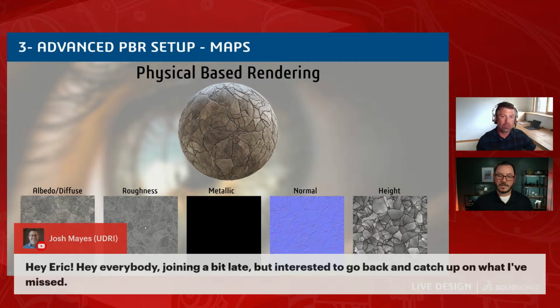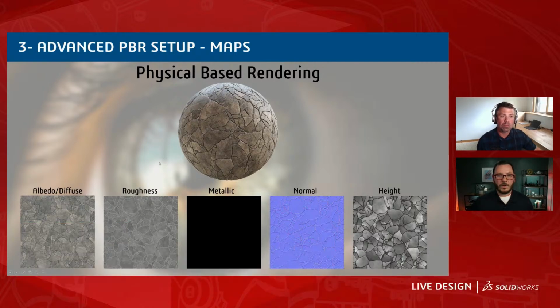But now look at this. We've got roughness in the form of a map. So we can fine tune where on the surface it's rough or not rough. In the case of this little ball here, we see that all of these little cracks, the roughness has been bumped up. So all of the little areas that should be sucking up light are going to be sucking up light. And we've got some more darker tones on the surfaces of the rocks.